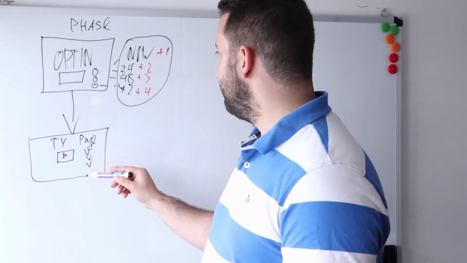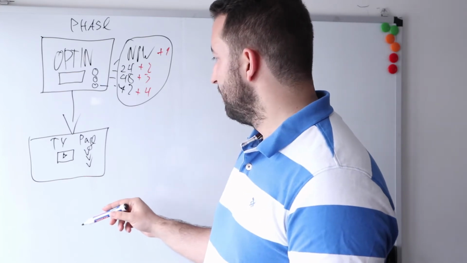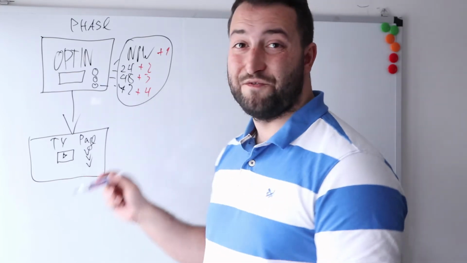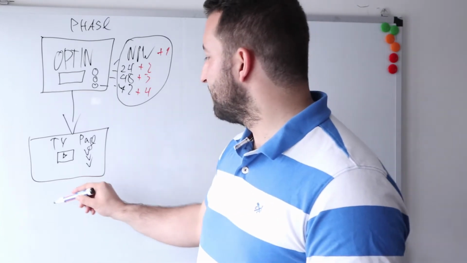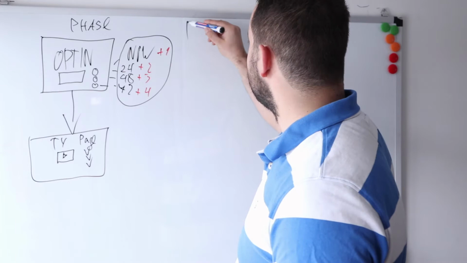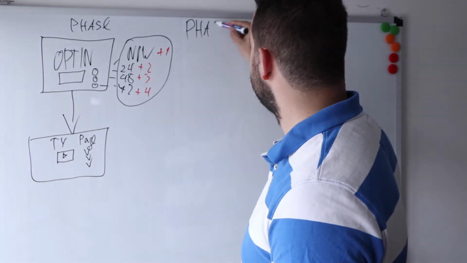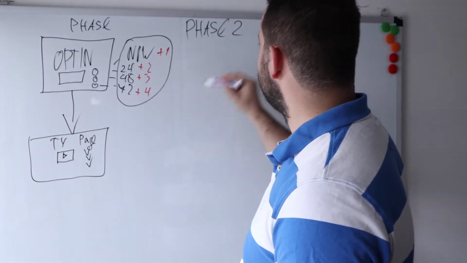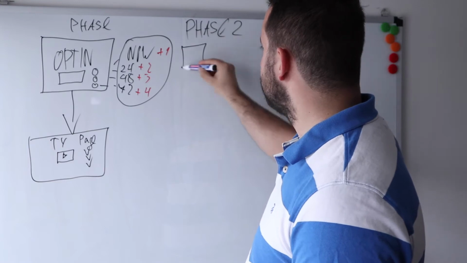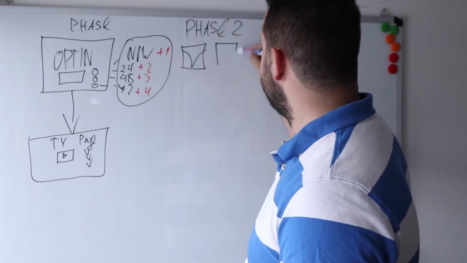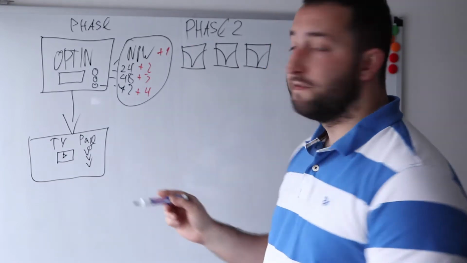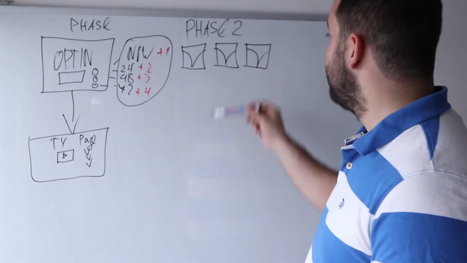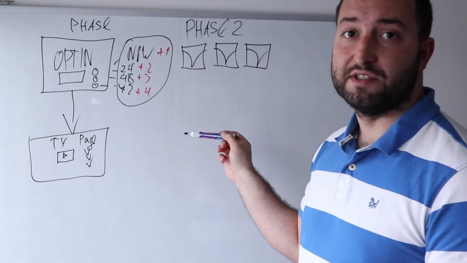Then from here they get into a sequence, and this is phase 2. Phase 2 is the sequence. What is important about this sequence is that depending on their tag, they will get into a different sequence.